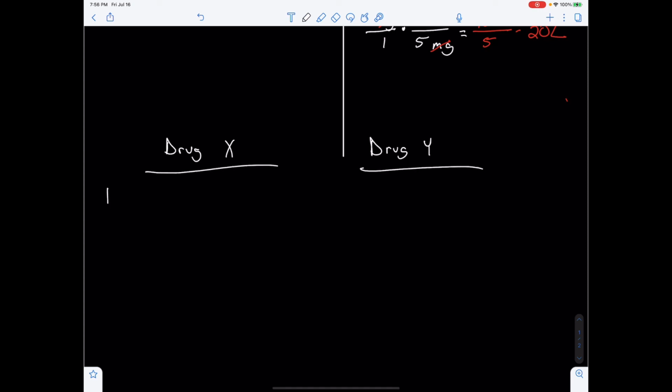And if at time 0 we give 1,000 milligrams of drug X and 1,000 milligrams of drug Y, and we use whatever volume of blood we want to use. There's a standard amount. I forget what it is, 40 or something. How many? Let me Google it. How many liters of blood in the water in the human body?